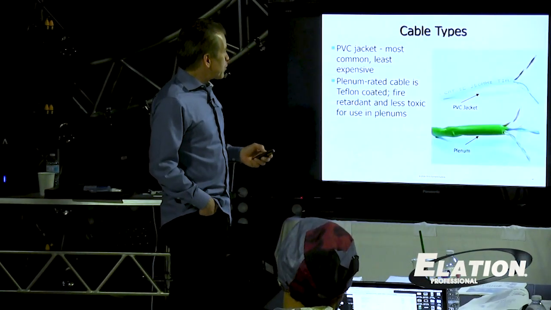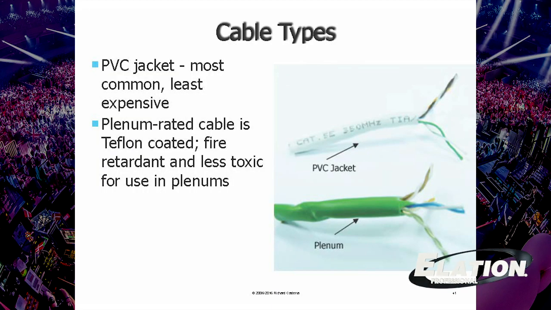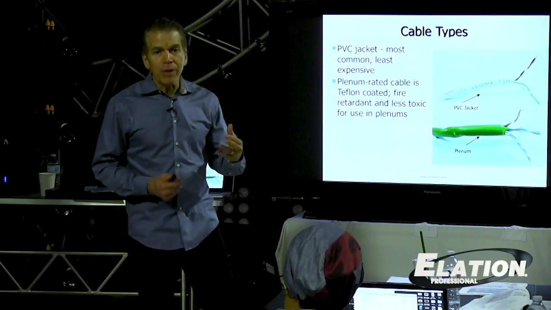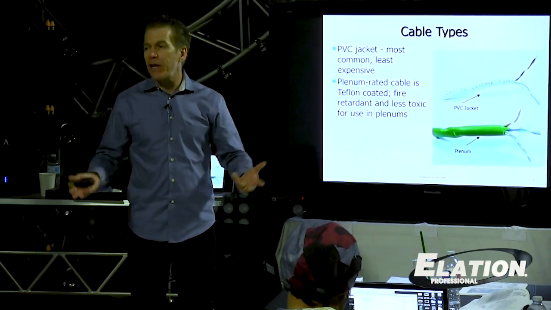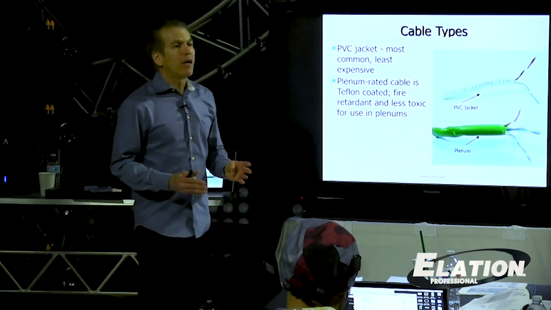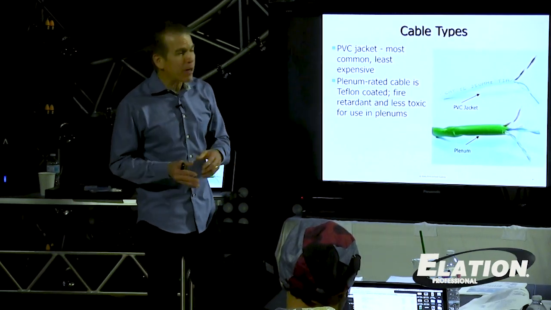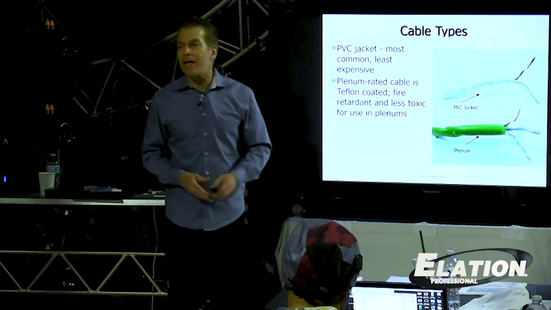There's also a difference between normal Ethernet cable and plenum rated cable. If you're doing a permanent installation and you're running the cable in a fresh air plenum, a plenum is a return vent for the HVAC, then by code, fire regulations say you have to use plenum rated cable for that purpose.